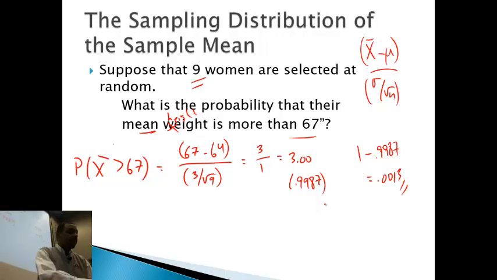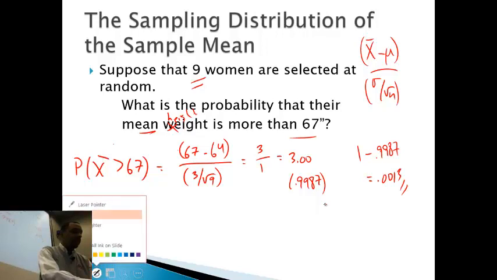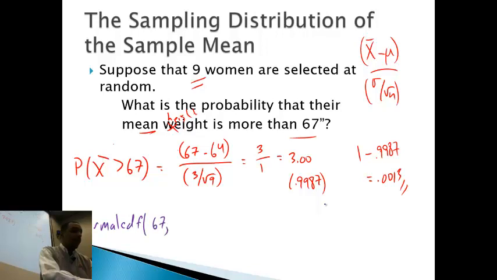And again, in the calculator, it's going to be this. Lower bound is 67. Upper bound is some arbitrarily large number.